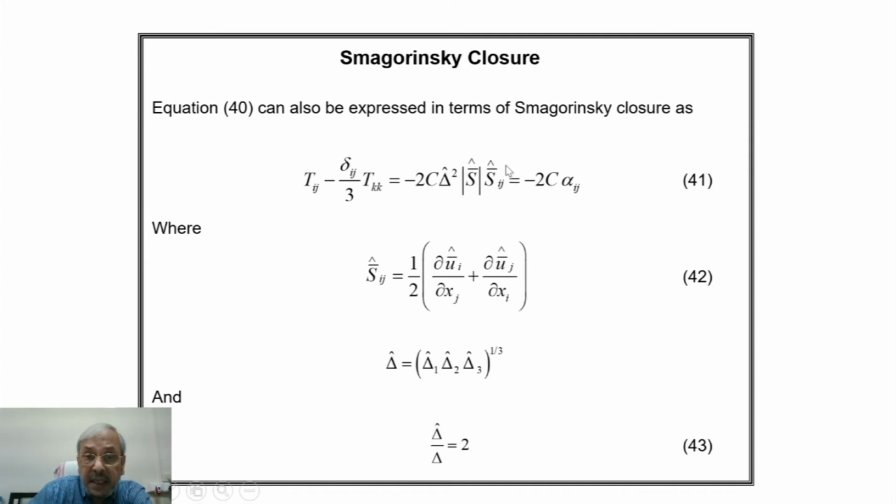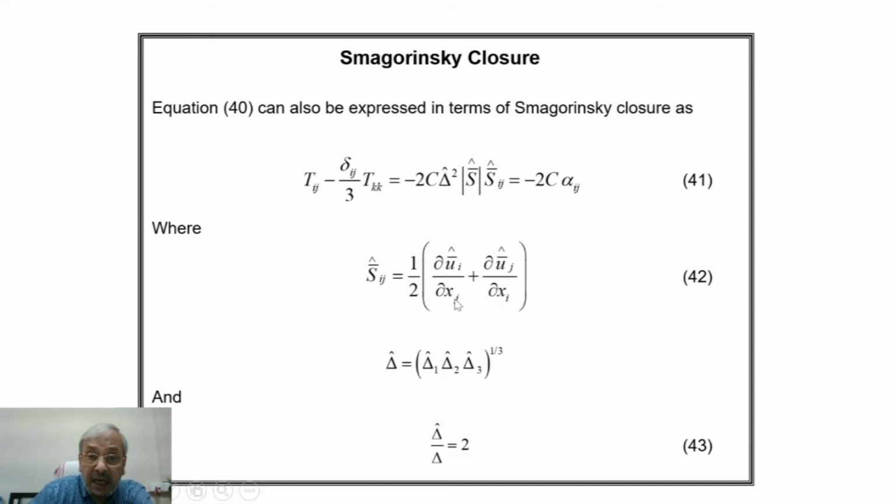And this entire identity can be written as minus 2C, and this can be clubbed together as alpha ij, where Sij with circumflex means again the strain rate tensor, but these velocities are not averaged on the grid filter, they are average velocities on the test filter.